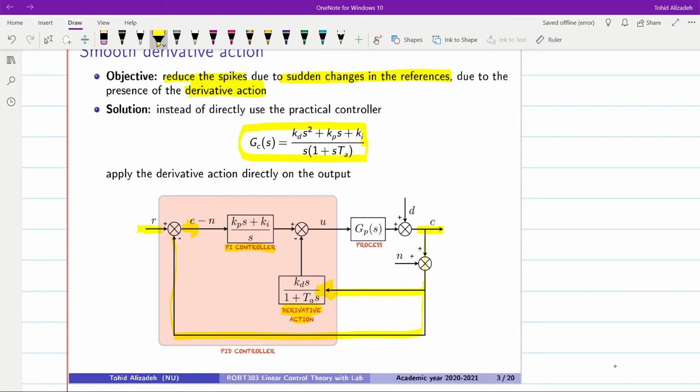So we'll have Kp plus Ki over s for the PI part, and then we have the derivative action in the form of Kd s over 1 plus Ta s, and their outputs are summed to each other. So we'll have plus here, minus here, and then the u signal, which is the input to the plant, will be generated.